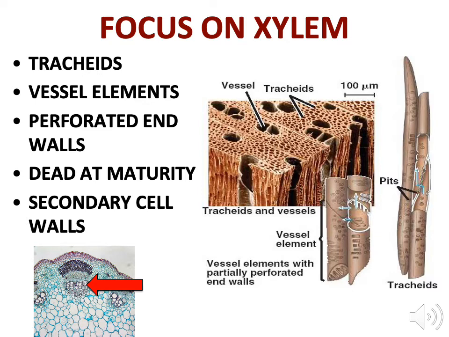Now, the thing is tracheids are considered to be the primitive cell type in xylem. The reasoning is if I take a look at ferns, and you know that ferns are the most primitive vascular plants we got, their xylem tissue is exclusively made up of tracheids.